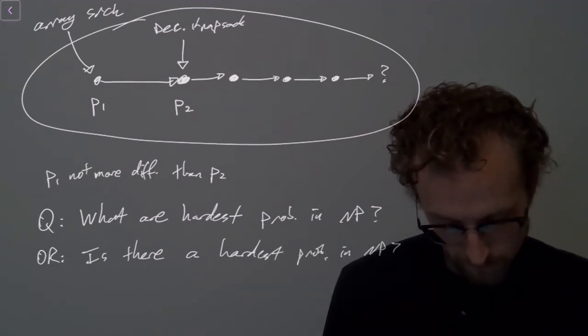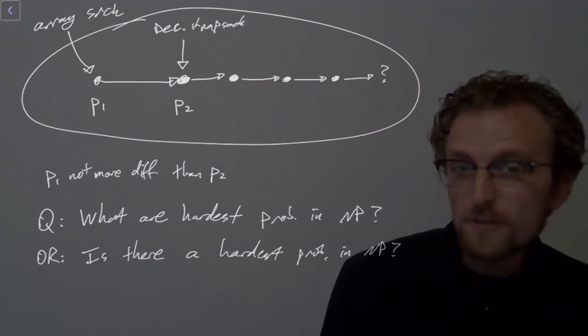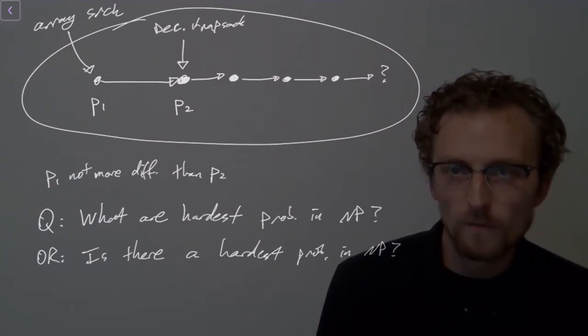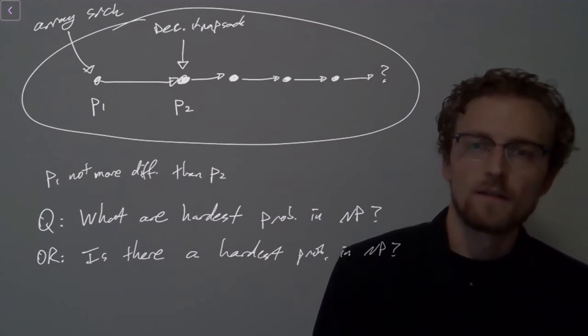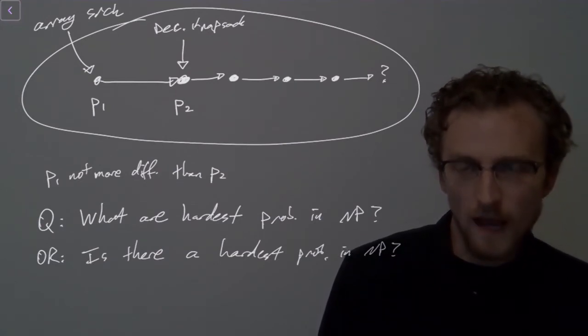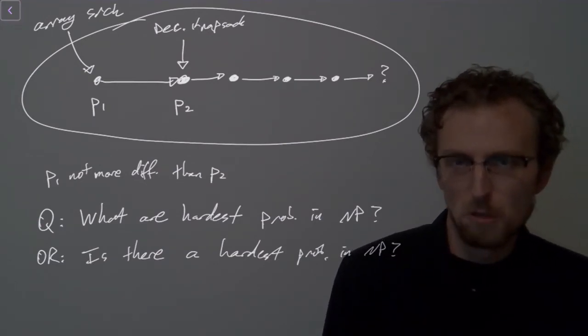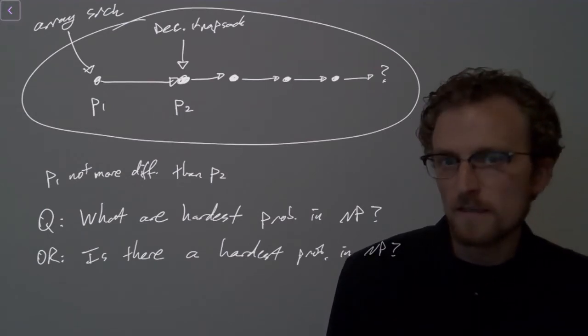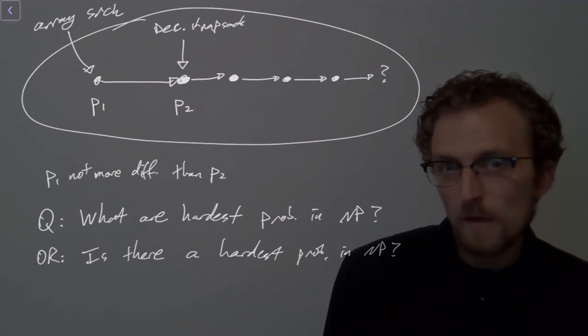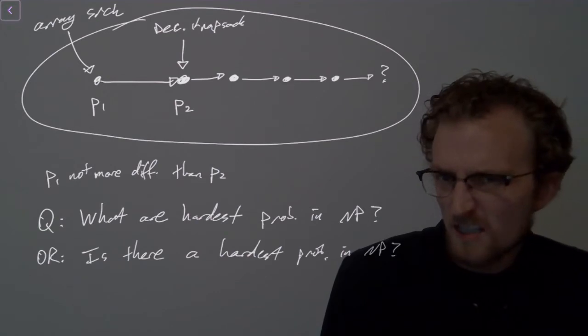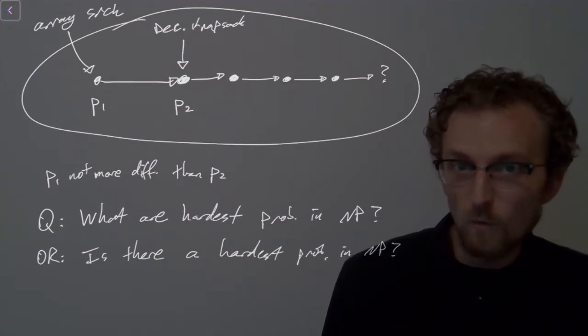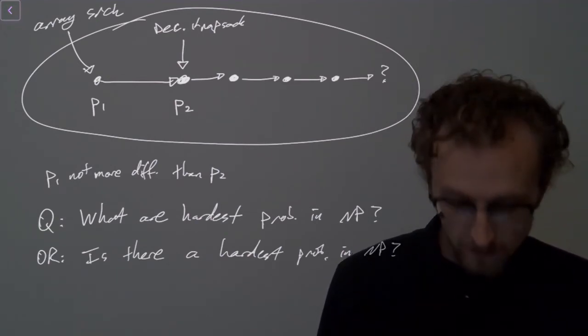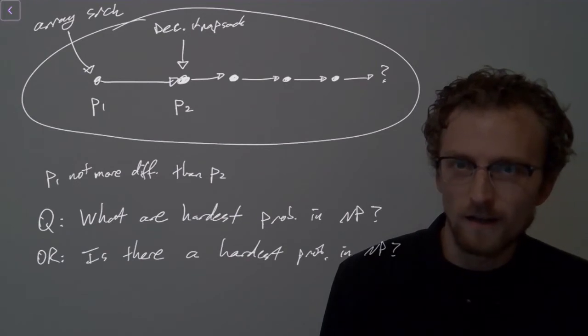Right, and at the outset, without knowing much more about this problem, you might actually think that there isn't. I can always ask a question like, what is the largest number in a set of numbers? And there might not be an answer to that question. Just because I'm asking a well-posed question doesn't mean that there's an answer.